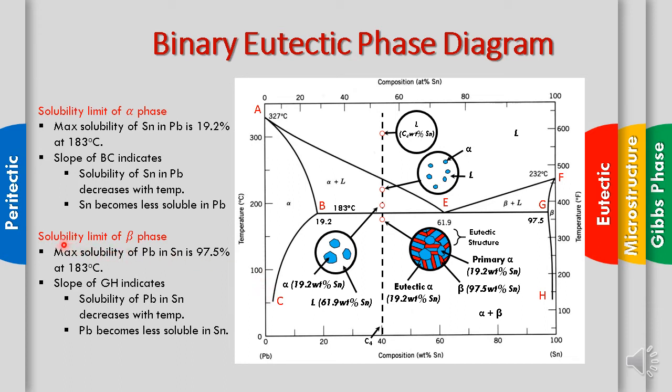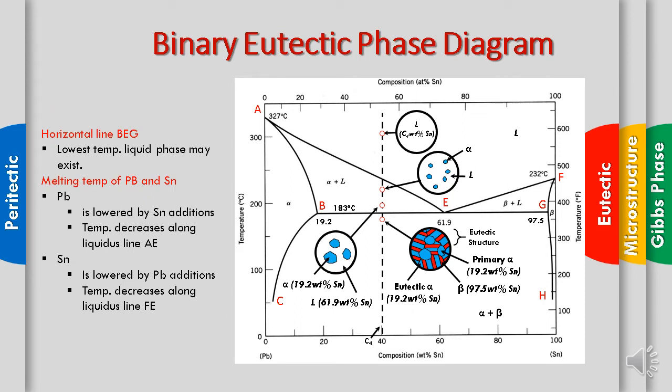And for the solubility limit of the beta phase, basically we have the point here at 183 degrees Celsius, the maximum of Pb. At this point, the maximum Pb solubility is 97.5. At this GH line, the solubility of Pb in Sn decreases with temperature, and we say that Pb becomes less soluble in Sn.